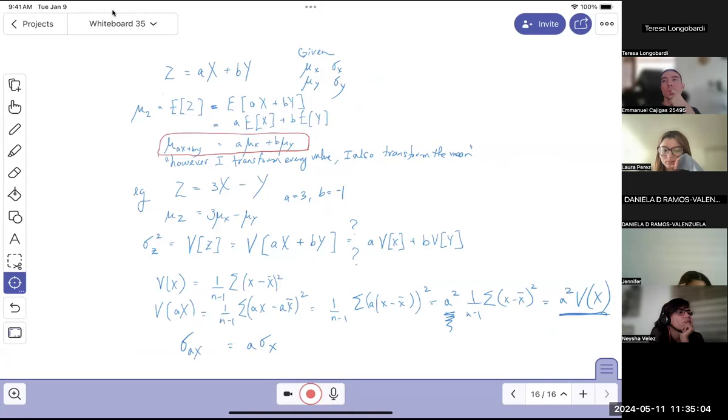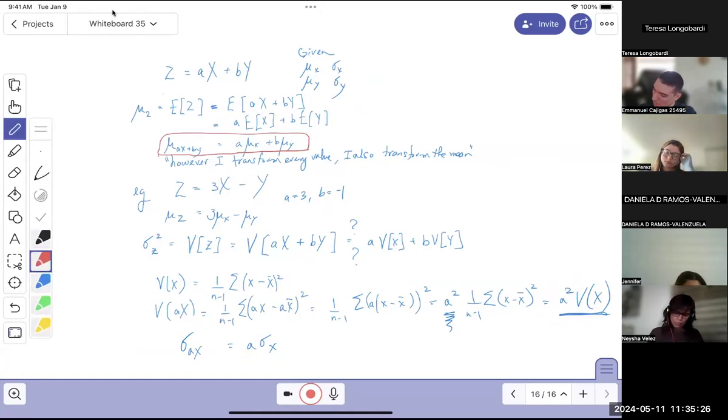But when I do it with the variance, I have to have this squared here. Why? Because if I take the square root, that will give me A, and the square root of the variance of X will give me the standard deviation. So there are two things you need to remember: with the variance, this gets squared. Okay, so that's really important.